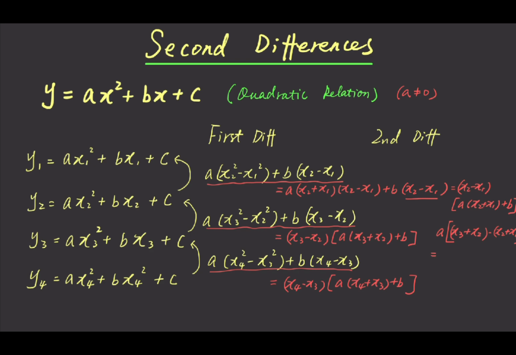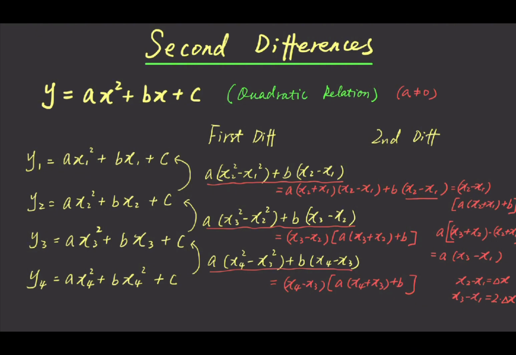So the difference should be a times x3 minus x1. If we use x2 minus x1, we get delta x. x3 minus x1, we should say it is 2 delta x.